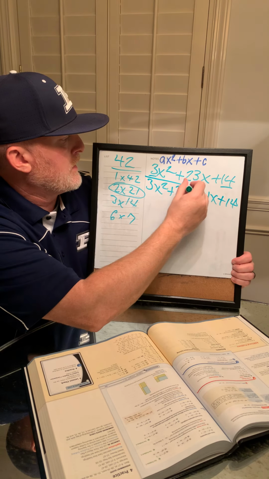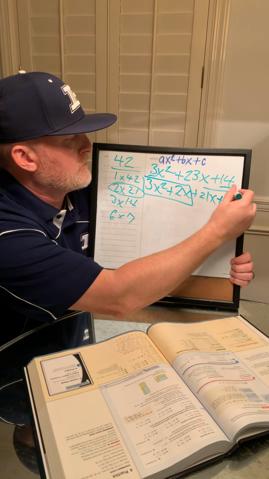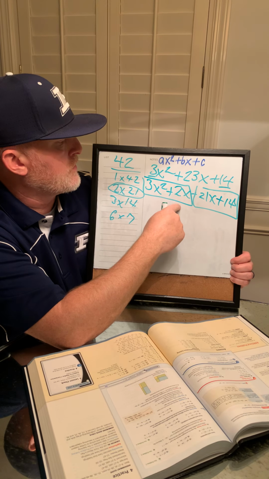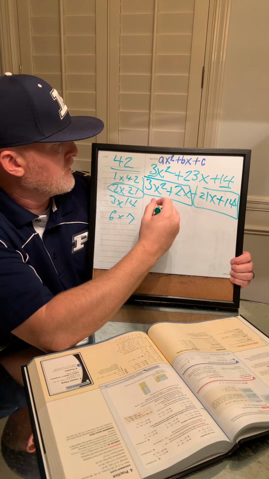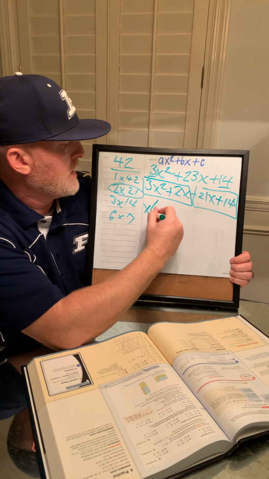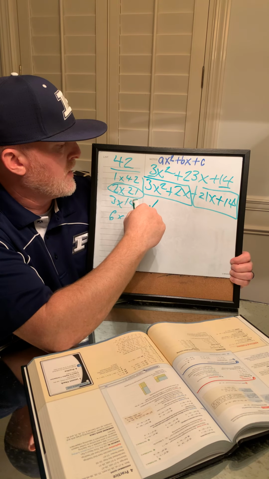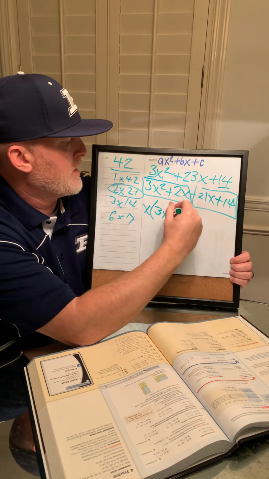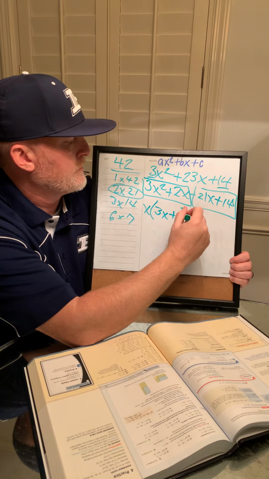Now, we look at those in pairs. So what is our greatest common factor of 3x squared and 2x? The greatest common factor there would be x. So 3x squared divided by x is 3x. 2x divided by x is 2.